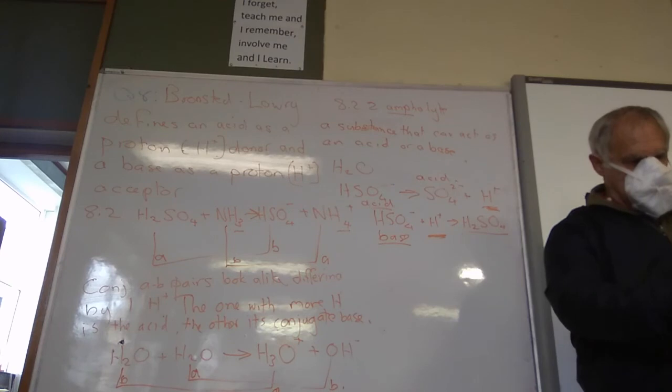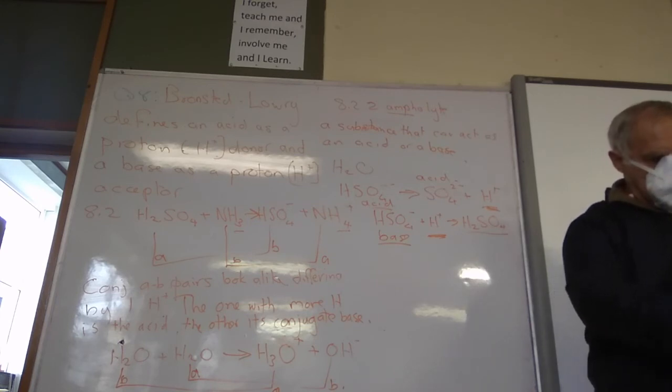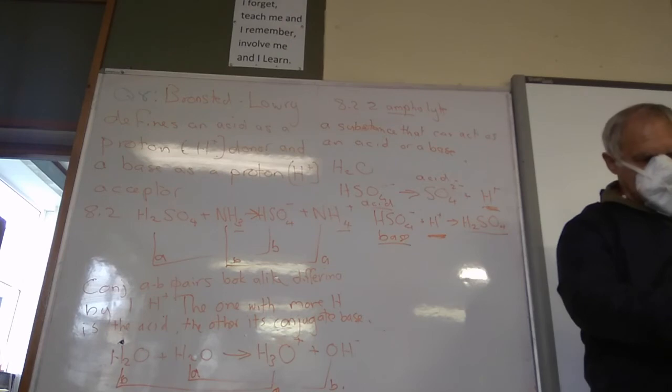I'm going to ask you guys to take 8.3 and do a rice table. The same table as we did before for it. Okay, so 8.3. First balance it, then do a rice table. Ratio, initial, change, end.